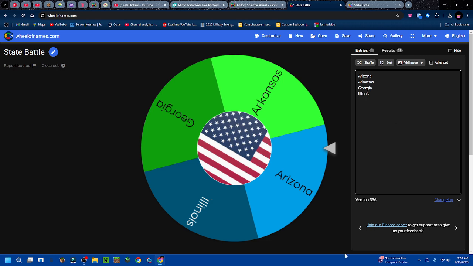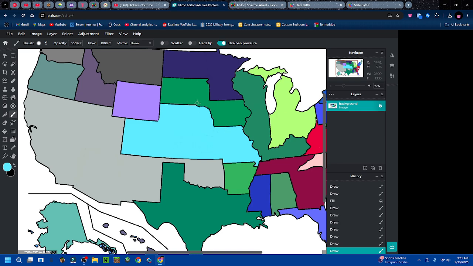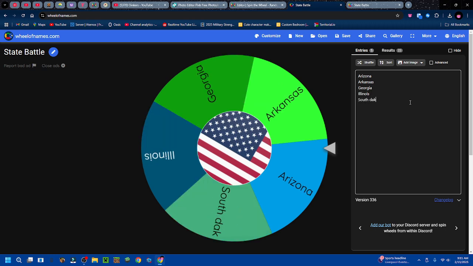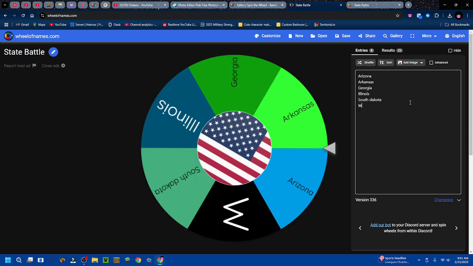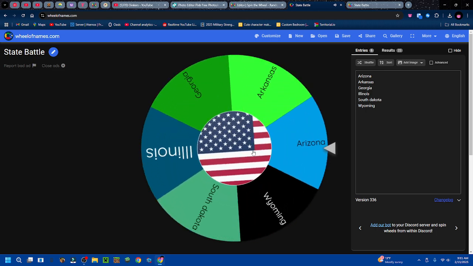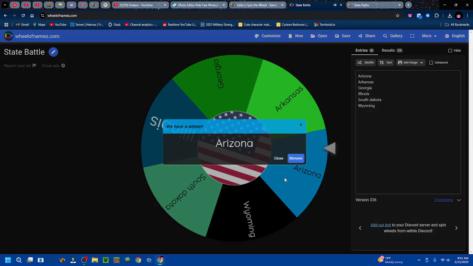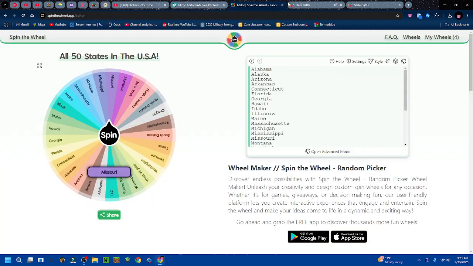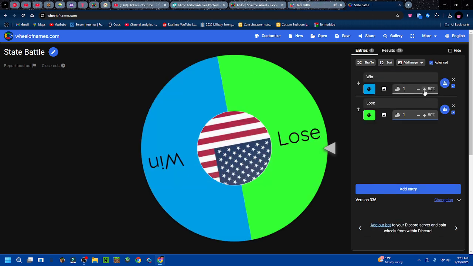Okay, whatever. Illinois. Who else do they border? They border South Dakota, Wyoming. South Dakota and Wyoming. That is not a good idea. Or 1, 2, 3, 4, 5, 6 versus 1, 2, 3, 4. Okay, it's kind of close.